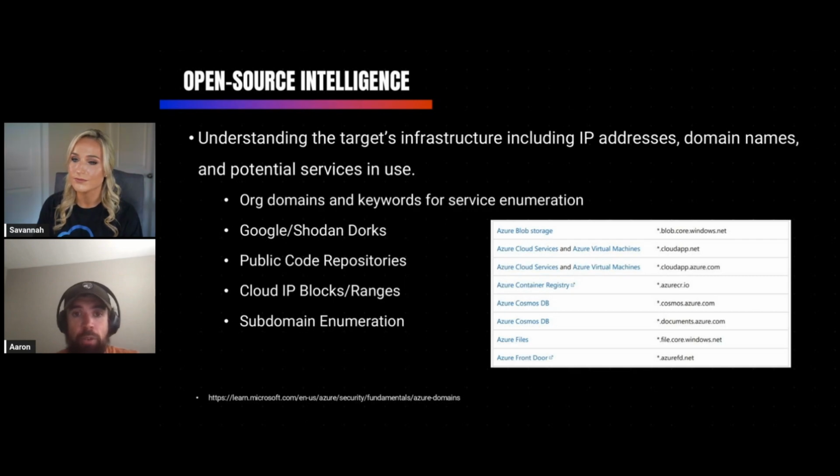You're going to be looking for subdomains of organizations that may be tied to cloud resources. You're going to be looking at public code repositories, GitLab, things of that nature. You'll be looking at IP ranges specifically for cloud resources that a company may be running, such as virtual machines.